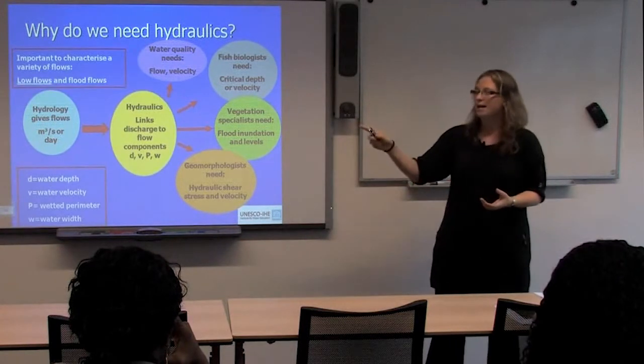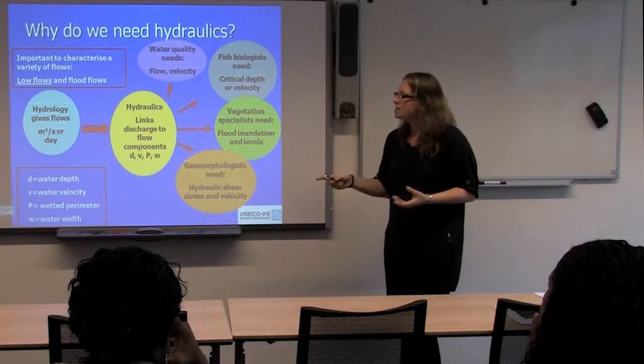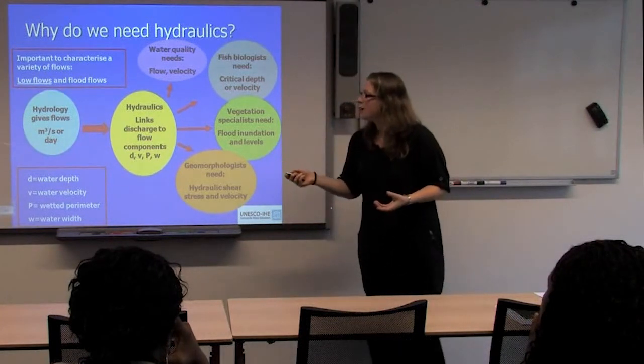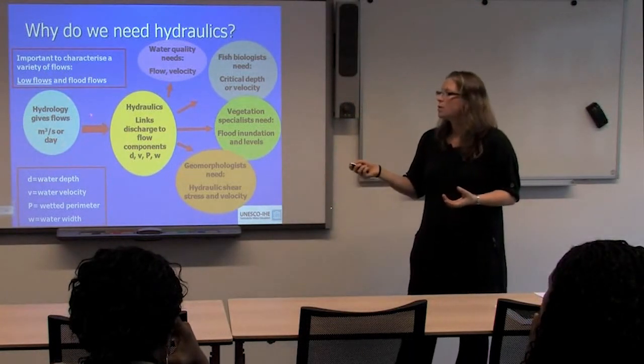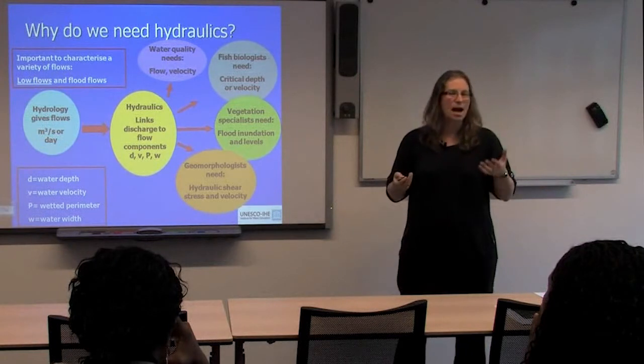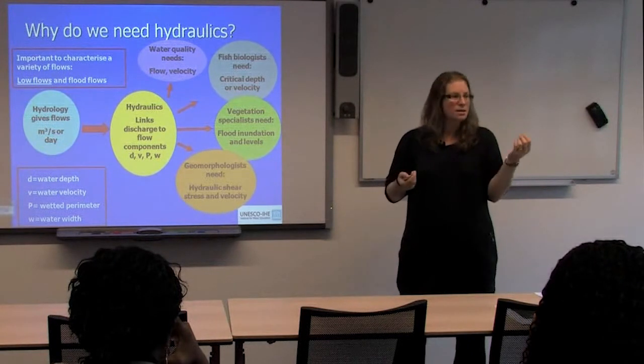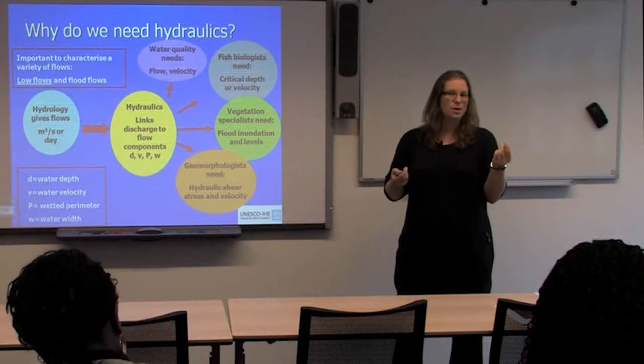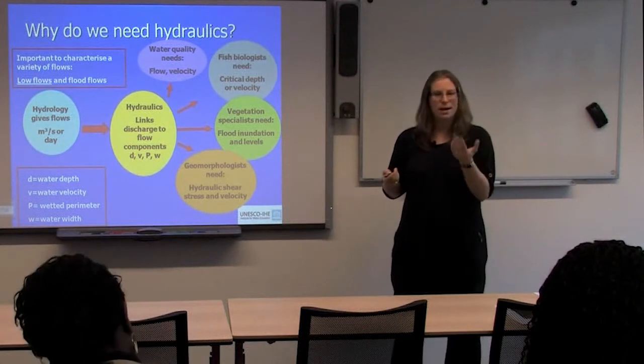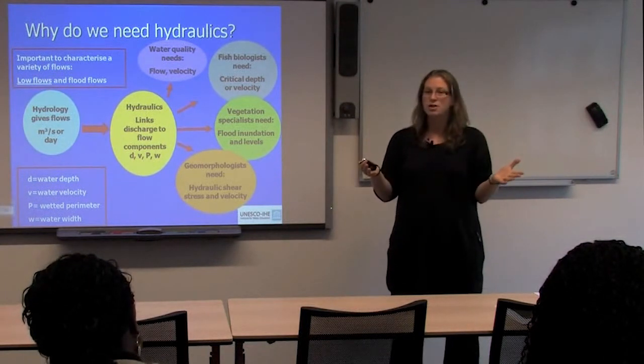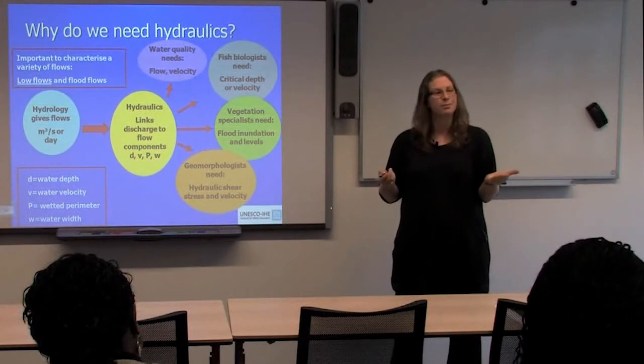So it gives us this link. It allows us to link flows, which we can maybe get predicted in meters cubed per second, depending on where you are in the catchment, or you might get a particular amount of flow over a day, which is a release from a dam.